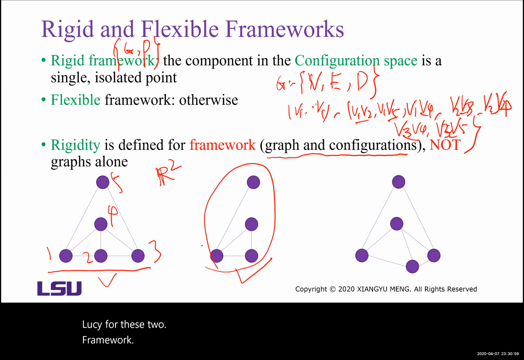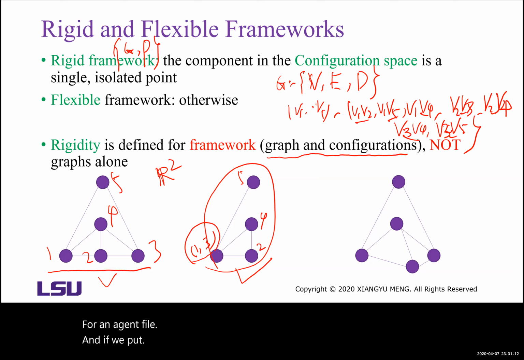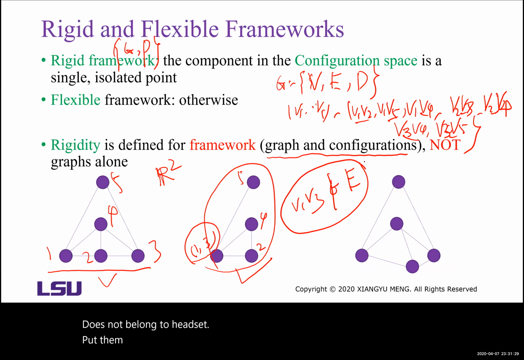Let's assume we have agent 1 and 3 at the same location. This is agent 2, agent 4, and agent 5. If we put 1 and 3 at the same location, there's no edge between them. It does not belong to the edge set. We just put them together, but there's no edge between them.